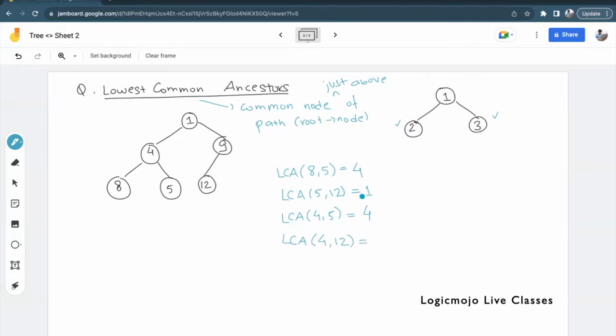Now tell me the lowest common ancestor of 4 and 12.